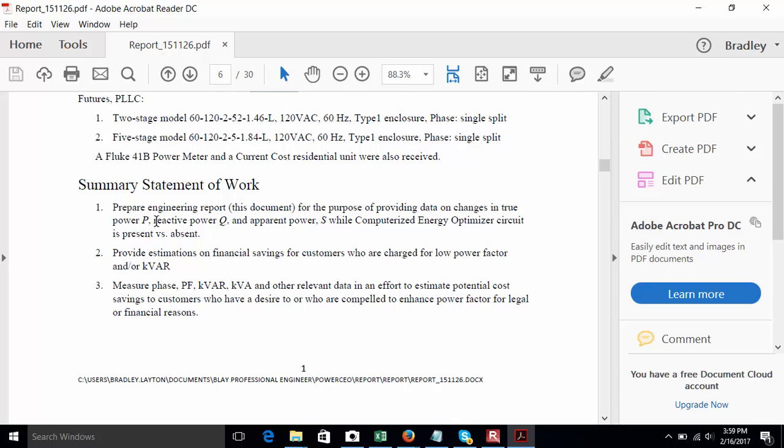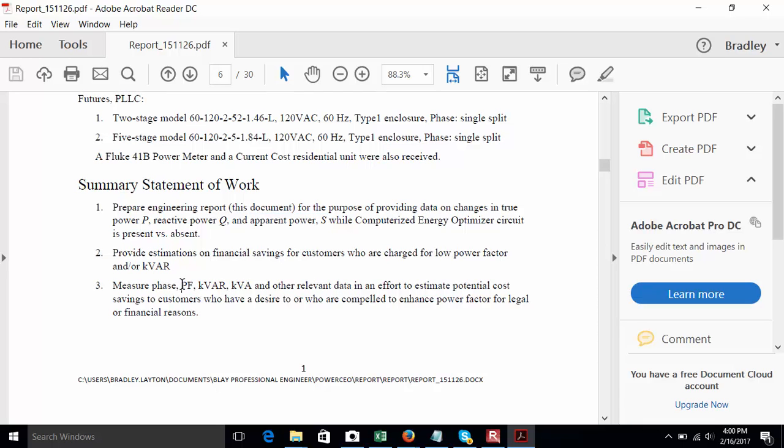The three things we're going to look at are the true power, that's P, the reactive power, the kVAR that I just mentioned, where the R comes from kVAR, and the apparent power, S. It's almost QRS, but it's PQS. It's almost alphabetical.